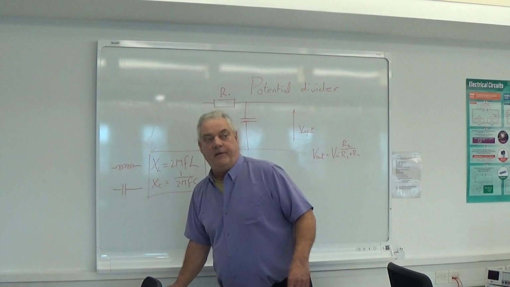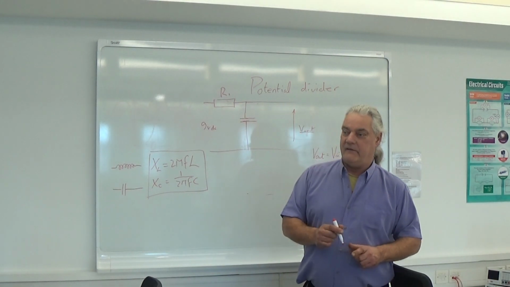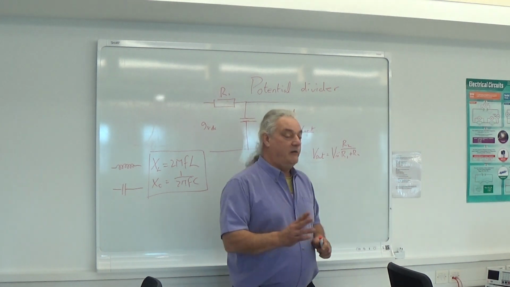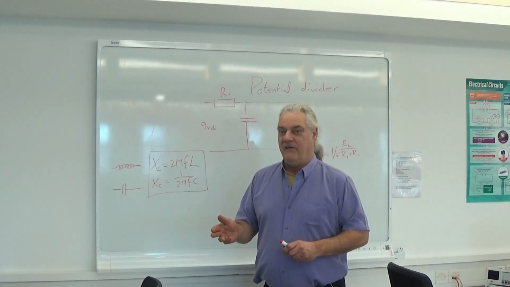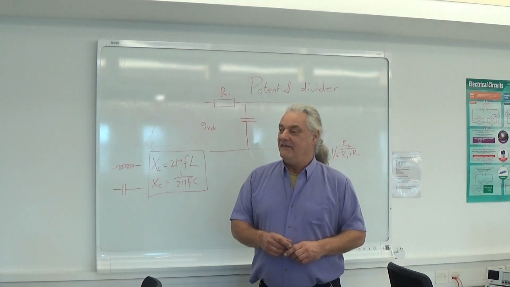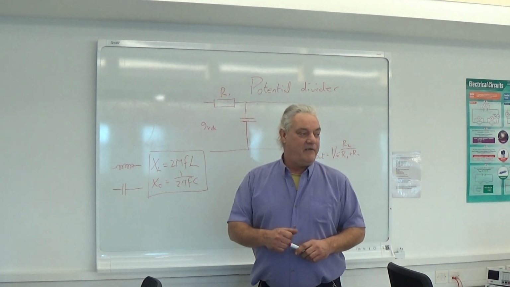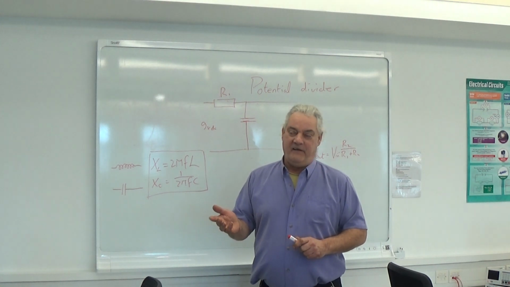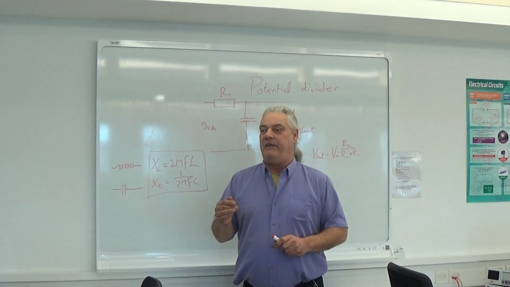What does a capacitor do when it sees AC? All right, let's go back a step. What does a resistor do when it sees AC? It's a bit of an open question. Some would argue it slows things down. It doesn't slow things down. It just dissipates a little bit of that energy.